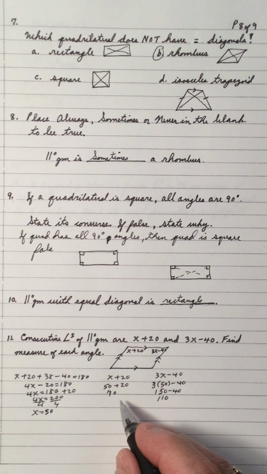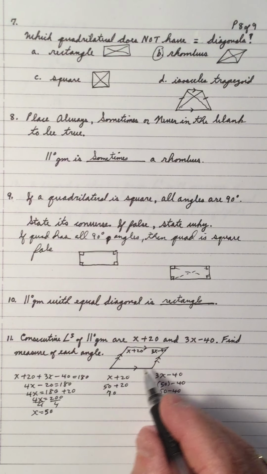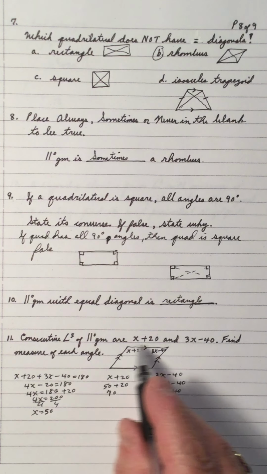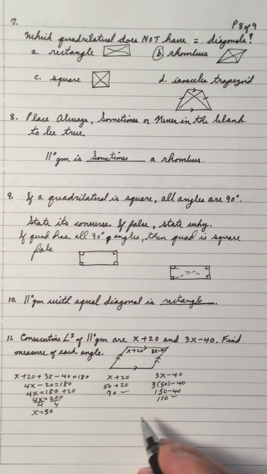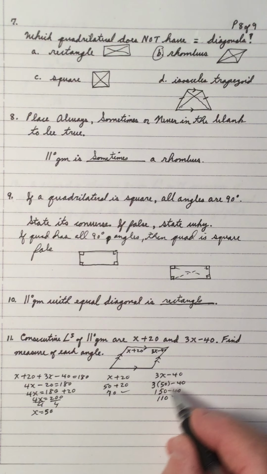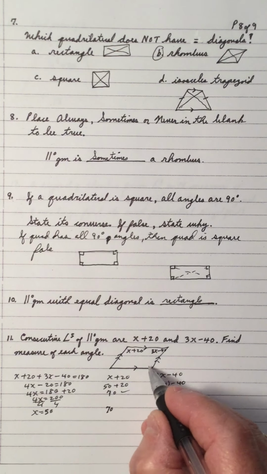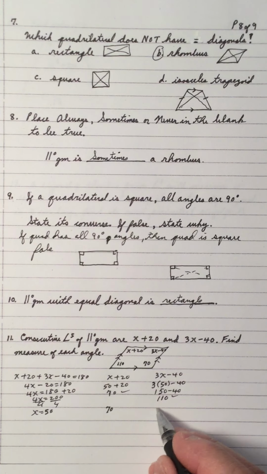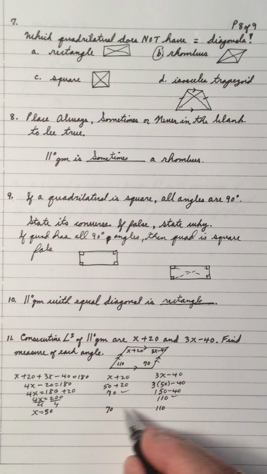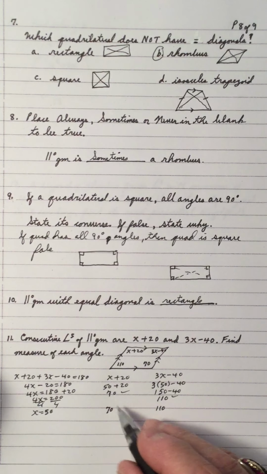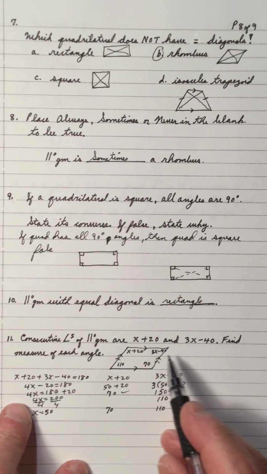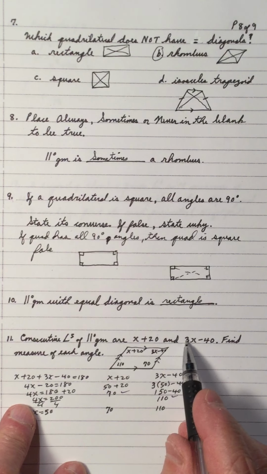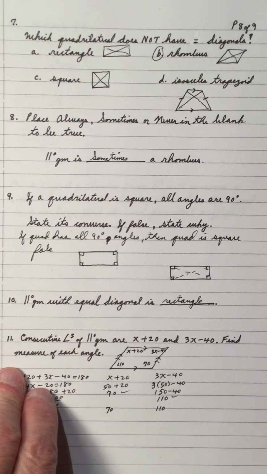So the angles are 70 and 110, and opposite angles are equal. So there's another angle, which is 70 right here. There's another angle right here, which is 110, because opposite angles are equal, and consecutive angles are supplementary. So the measure of each angle: these two are 70 and 110, and the two more angles are 70 and 110.